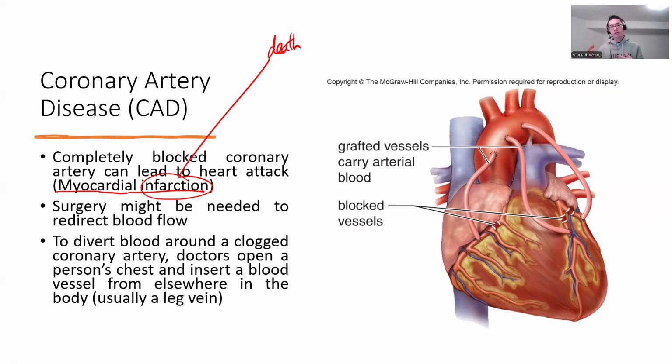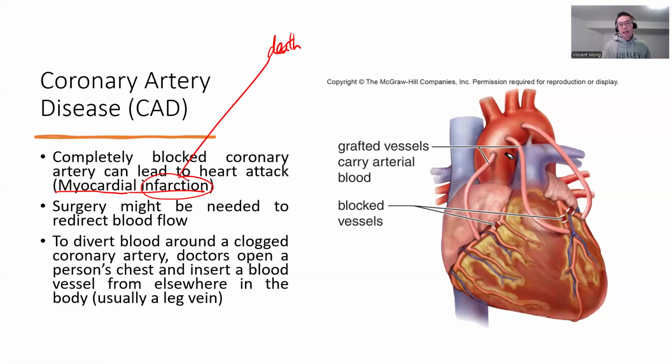So myocardial infarction is the death of heart cells, basically heart muscle. It can happen in the brain, then it's an infarction in the brain, that's a stroke. Stroke and heart attack are basically the same thing. It's the blood vessels being blocked. It just happens at different locations. So in this case, surgery is going to be needed to restore blood flow.